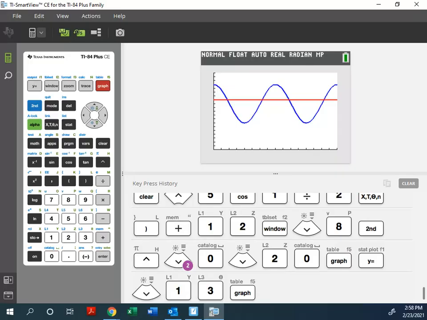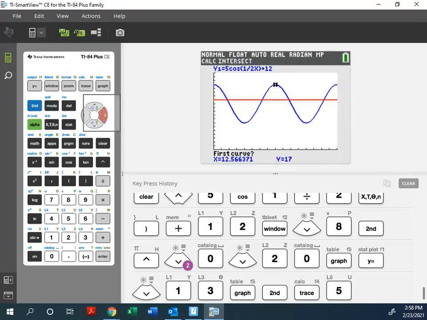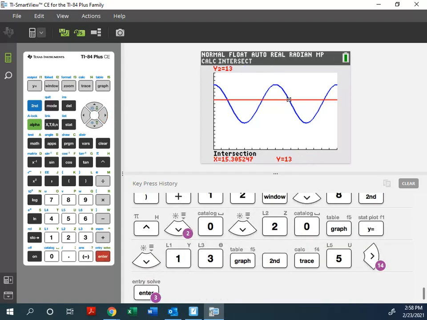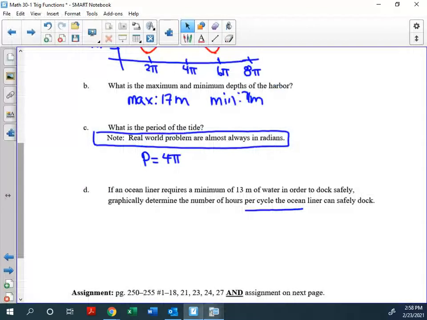So let's find our 2 intersection points, right? Intersect. So I'll find this intersect, I'll find this intersect, and what do I do to find the distance between them? Subtract them. There you go, nice and easy. Second function, trace. This was not working well for me this morning. I would hold this down and that happens, so I don't know what's going on. So I find my first intersection point, 15.3.